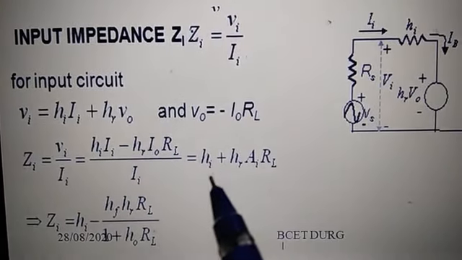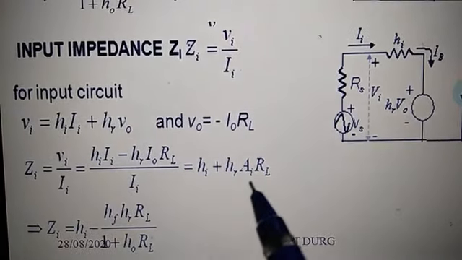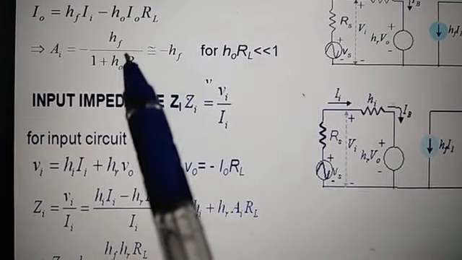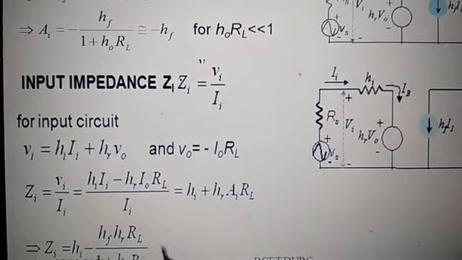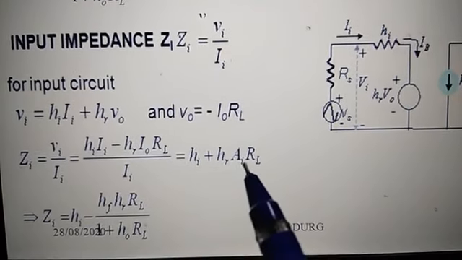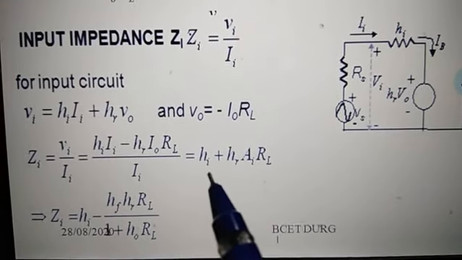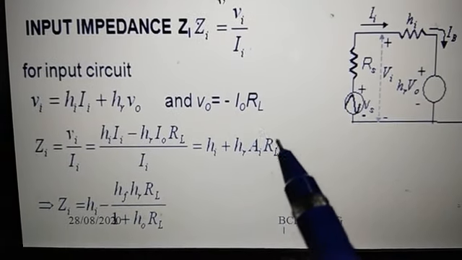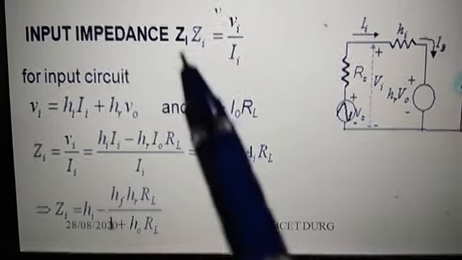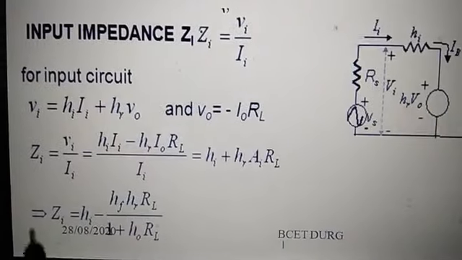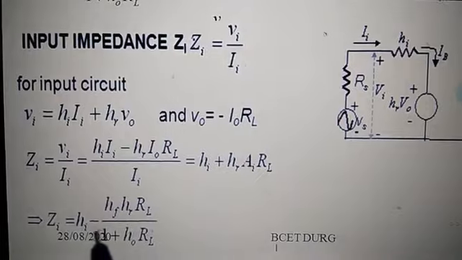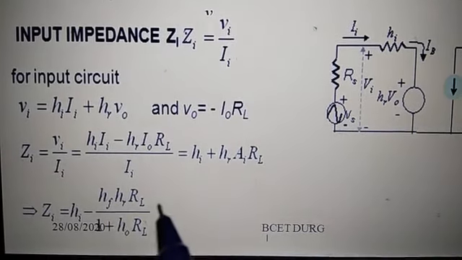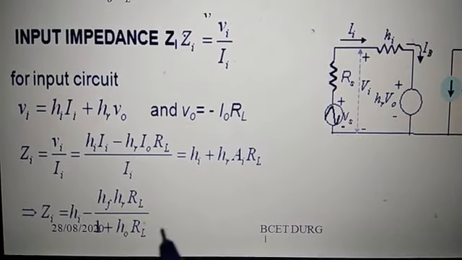So you will get here HI plus HR, and you can replace this by this equation, AI, HF upon 1 plus HO into RL here. So you can put AI here. So ZI is equal to HI plus HR into AI into RL. Or if you write this AI in terms of the above equation, this will be ZI is equal to HI minus HF into HR into RL upon 1 plus HO into RL.